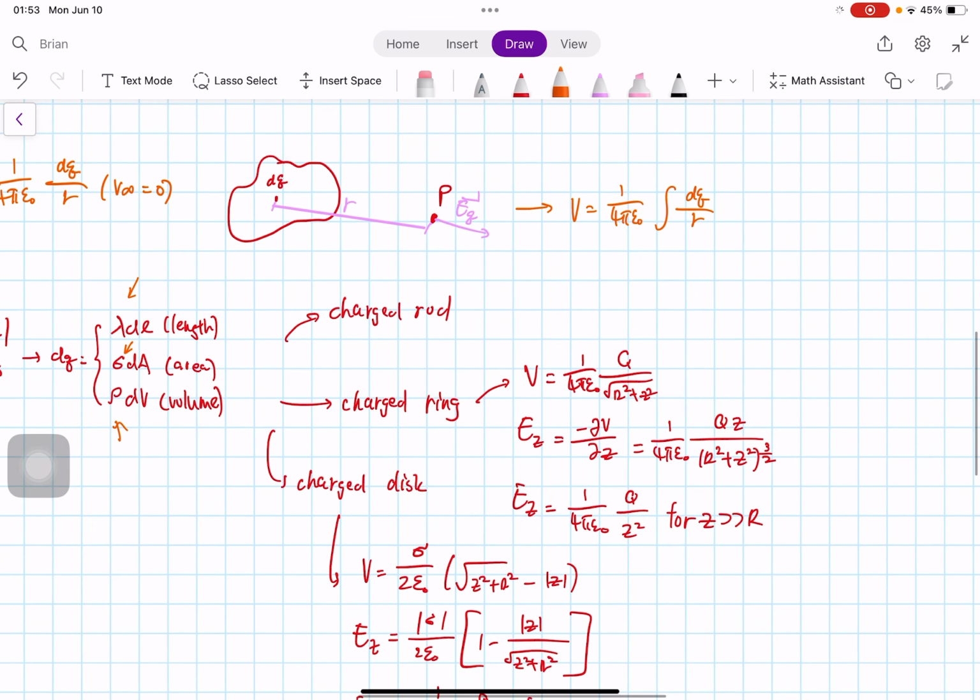And some other scientists, some physicists have derived this formula, which is very useful, that we don't have to derive ourselves again.